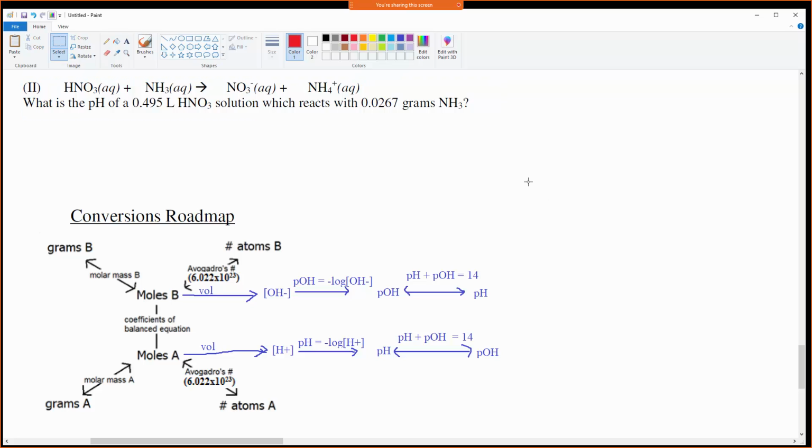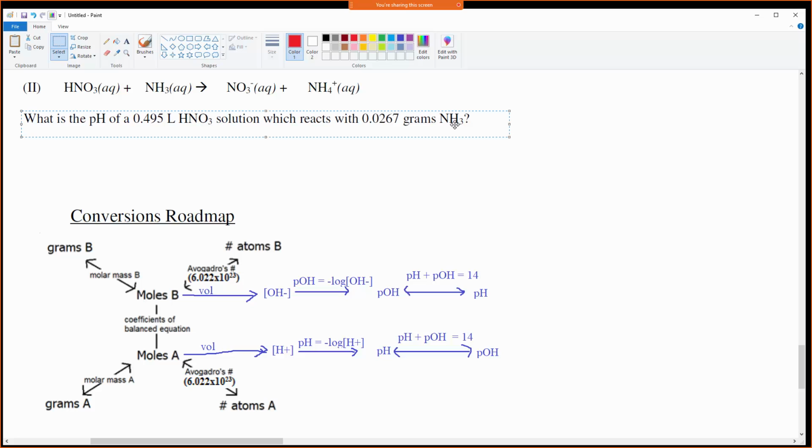One more. Okay, here is our last one. So we want to know what's the pH of this 0.495 liter HNO3 solution, which reacts with 0.0267 grams of NH3. Oh, fun. Okay, so just to identify which of these is my acid and which of these is my base.